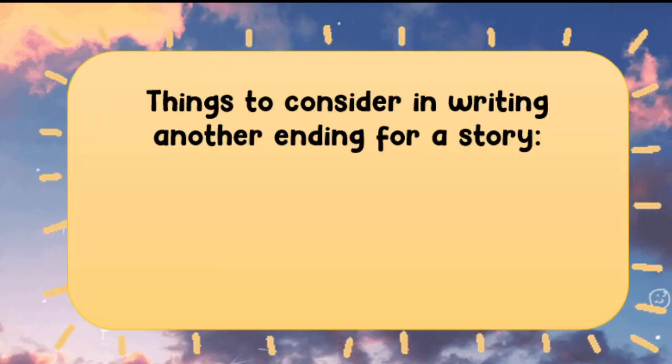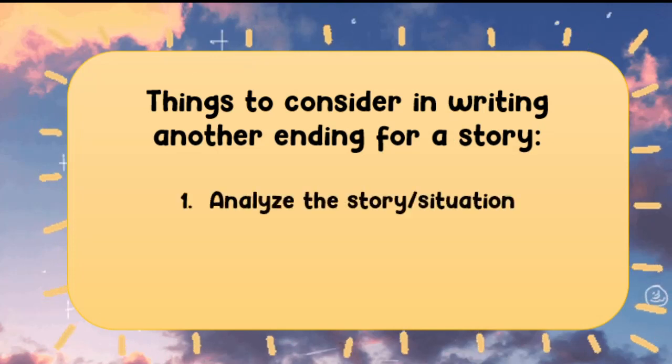So here are the things that we have to consider in writing another ending for a story. Number 1, analyze the story or situation. Before we can make another ending, first, we have to know what the story is all about by reading it carefully.